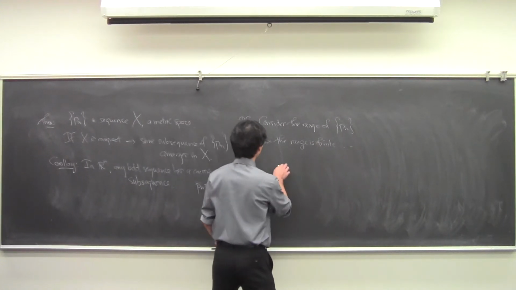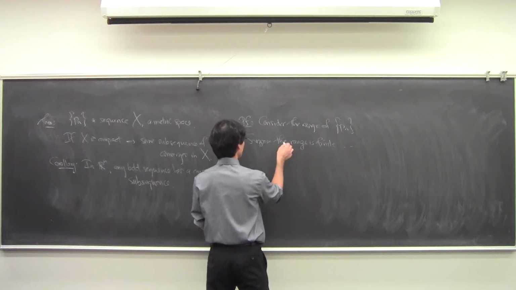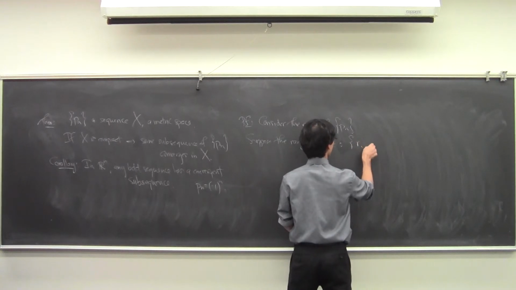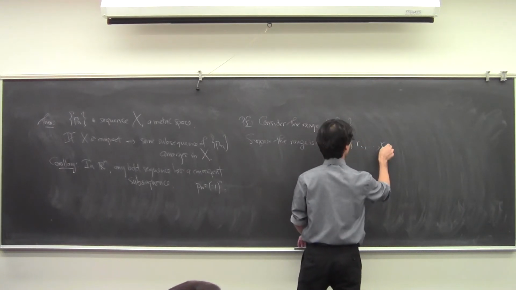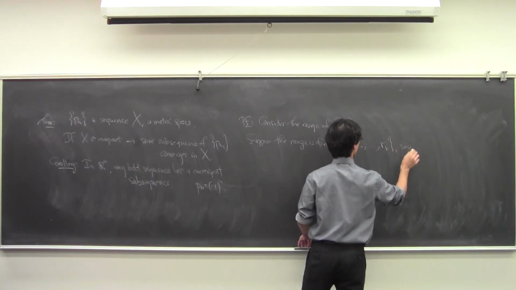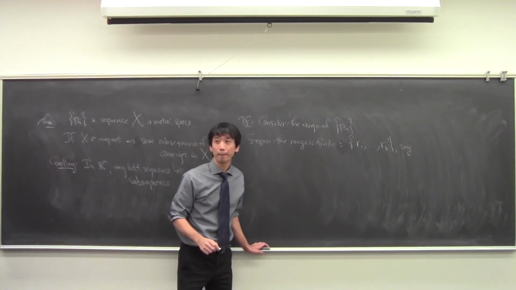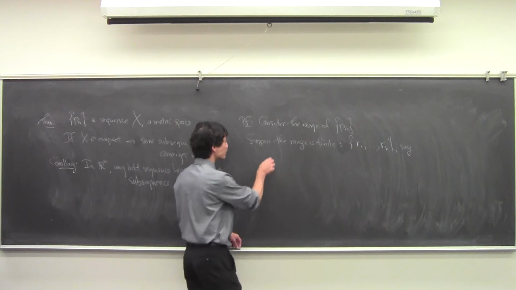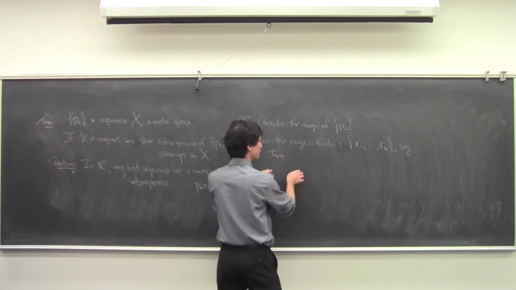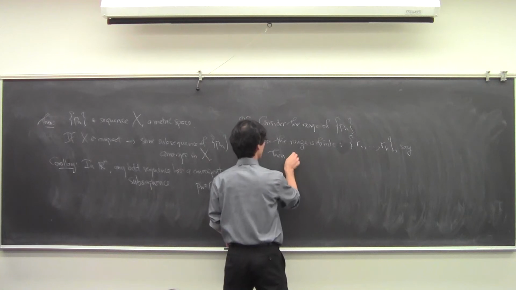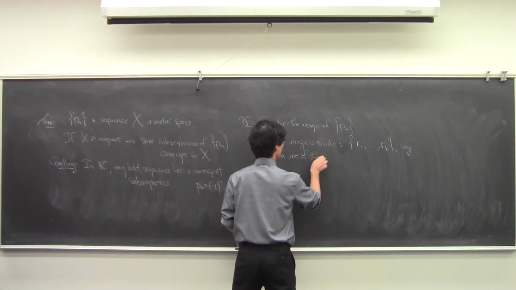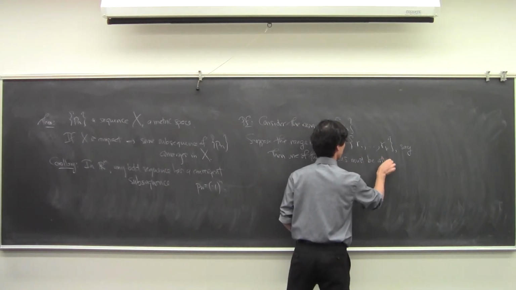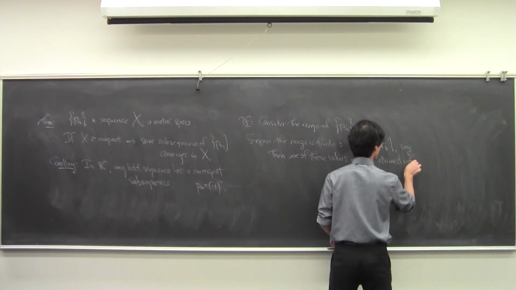So suppose the range is finite, say it's r1 to rk. Then one of these values must be obtained infinitely many times.